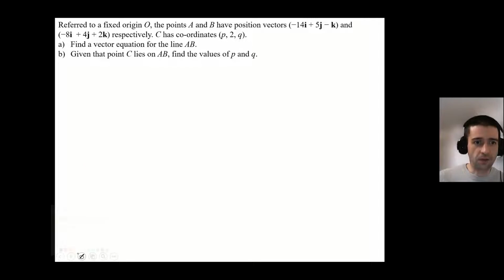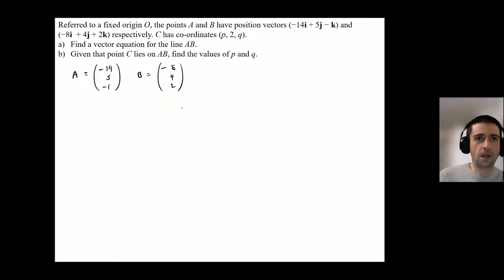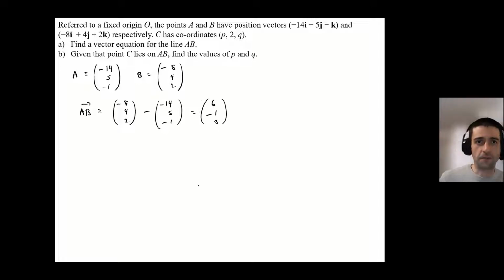So as in the previous 2 videos, the first thing I'm going to do is write the vectors A and B in column form. So A is -14, 5, -1, and B is -8, 4, 2. Now I'm being asked to find a vector equation for the line AB, which means that I need the direction vector A to B by doing -8, 4, 2 minus -14, 5, -1, which is going to come out as 6, -1, 3.